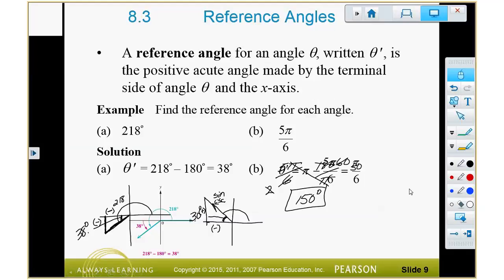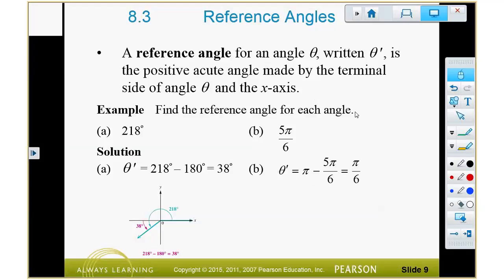Oh, they're showing you how to do it right there. Pi over 6. I didn't do that. I just said 30, which is pi over 6. And you would take it away from pi because, I'm sorry, I forgot to do that part. Because we took it away from 180, you would take it away from pi. And pi is 6 pi over 6?